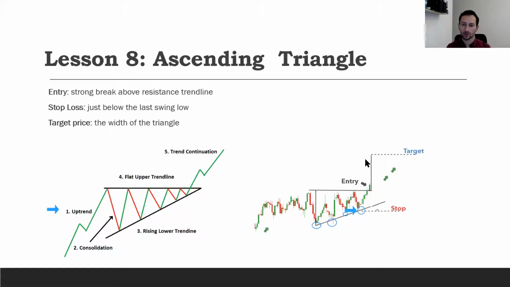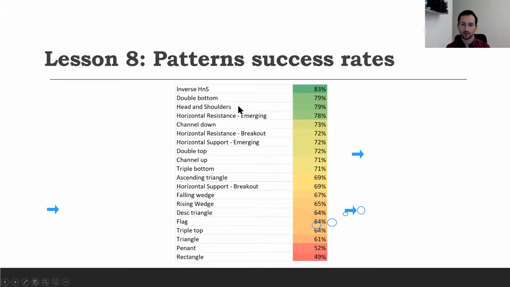Okay, so the target level from the breakout level is the same width or same distance as the width of the triangle here. So that's the nice part about triangles, that you do have some clear rules on where to put the stop loss and the target.